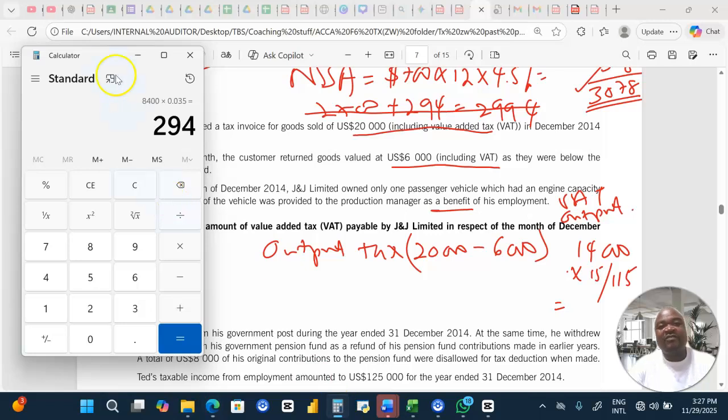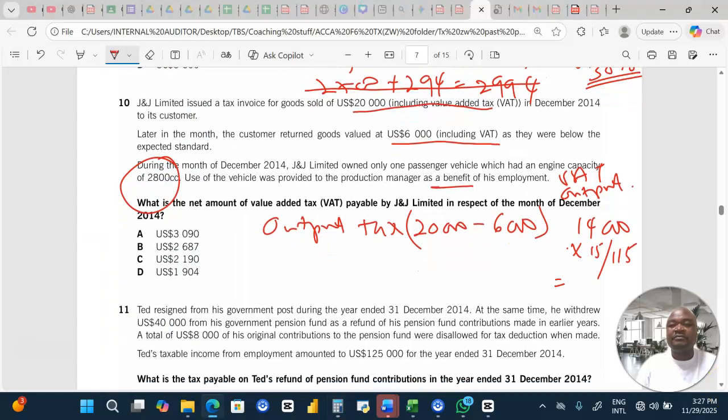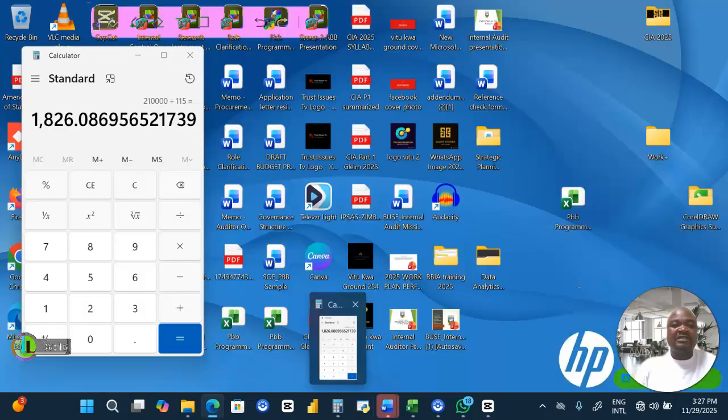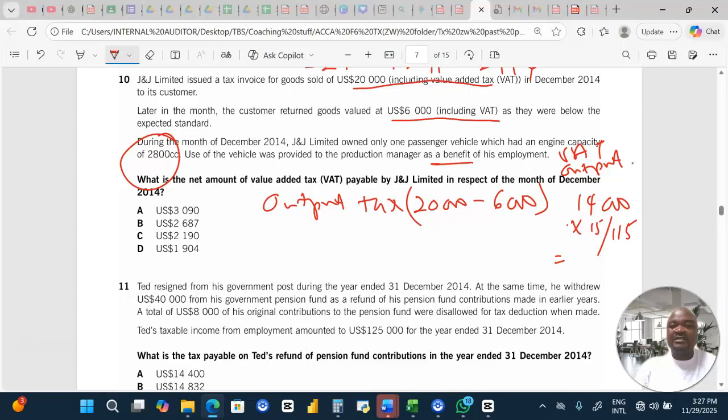Don't be scared of coming up with the wrong answer. This is practice, isn't it? Just doing the practice mode. 15 over 115. So here we are having 1,826.